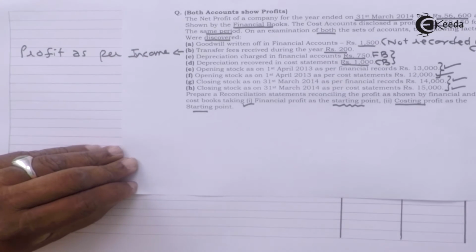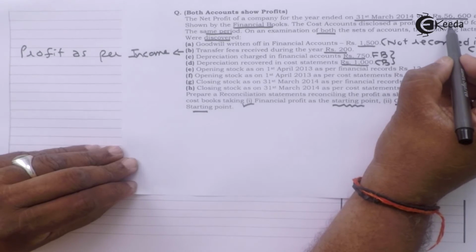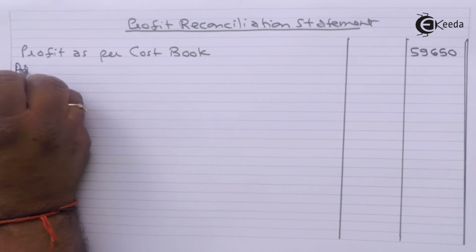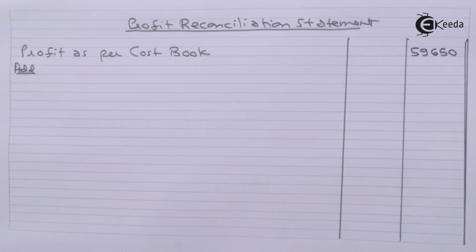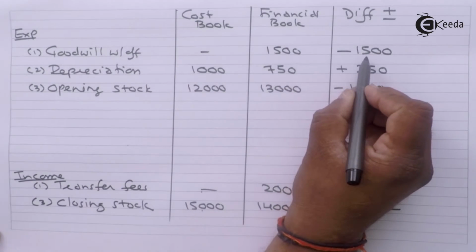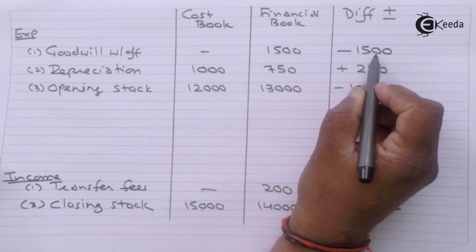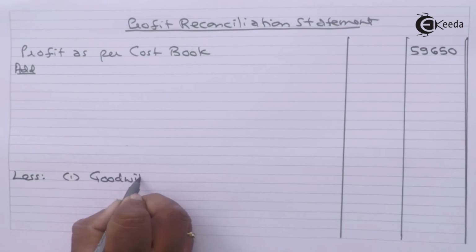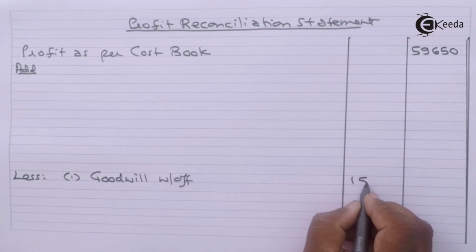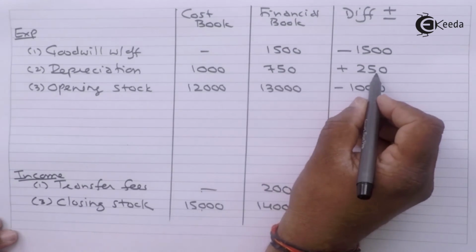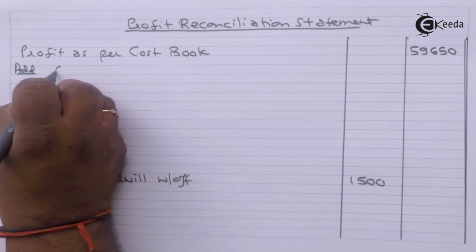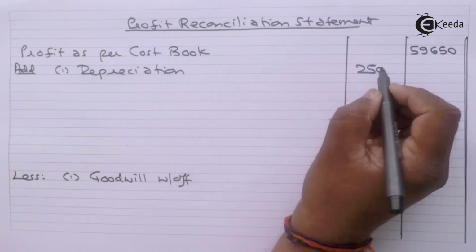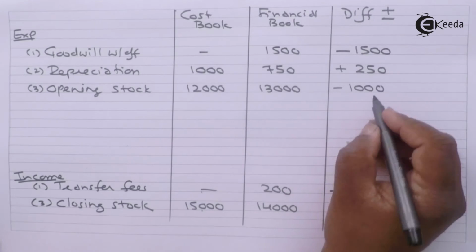We have to start with profit as per cost book 59,650. Goodwill written off minus 1,500. Depreciation plus 250. Opening stock minus 1,000.